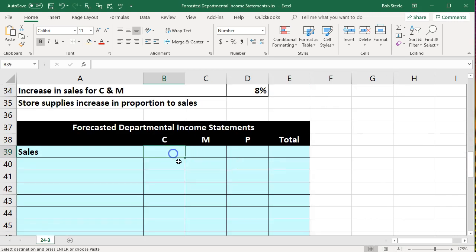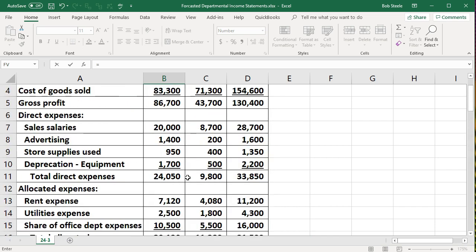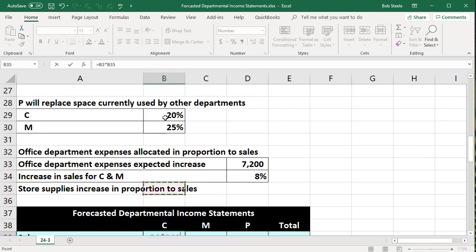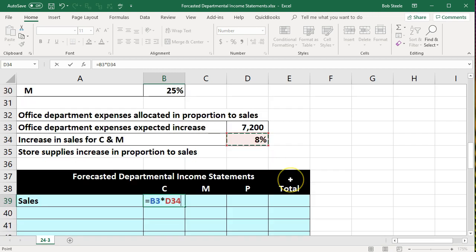We're going to say in cell B39, we'll do this with a formula, using formulas as much as possible. It's going to take that prior year number times, I'm hitting the up arrow to go up from the cell that we started at, and we want that 8%.